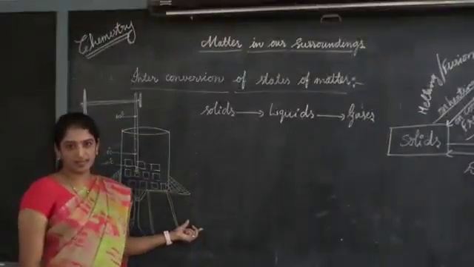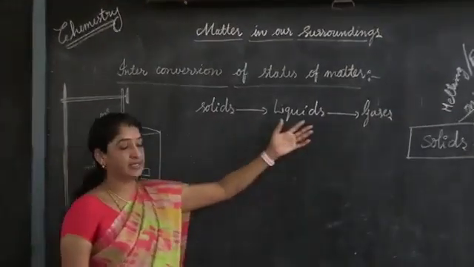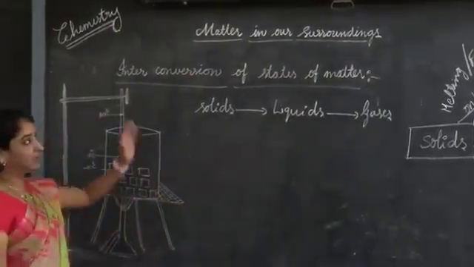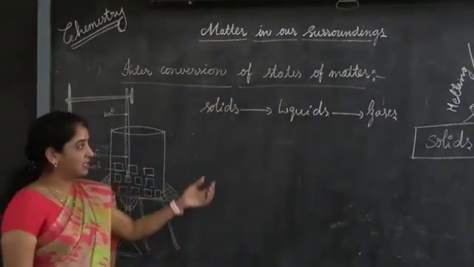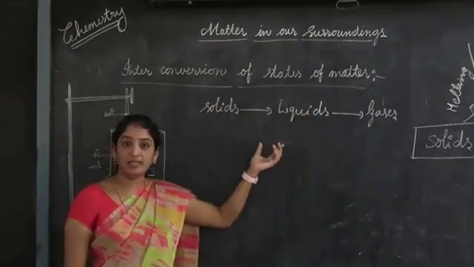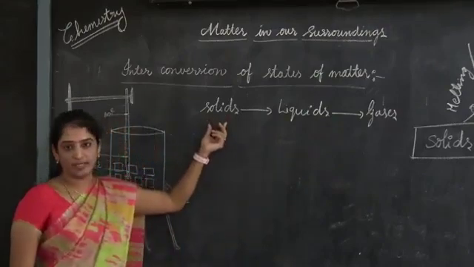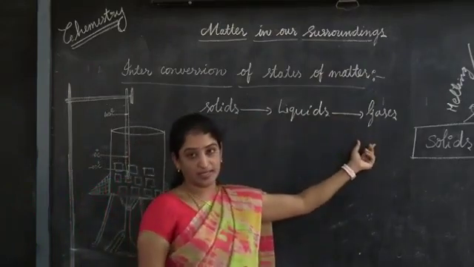In the earlier classes, we discussed the physical properties among solids, liquids and gases. Now we are going to learn the interconversion of states of matter. So these three states of matter are interconvertible. That means a solid can be converted into liquid, a liquid can be converted into gas.